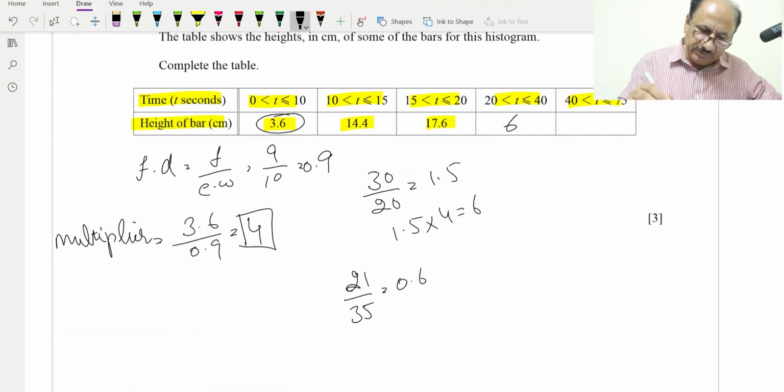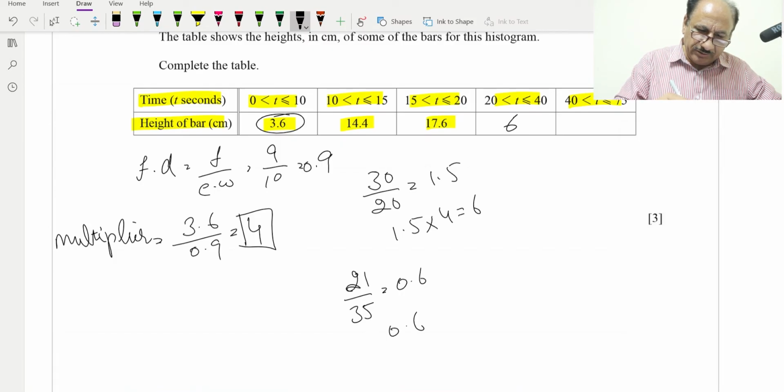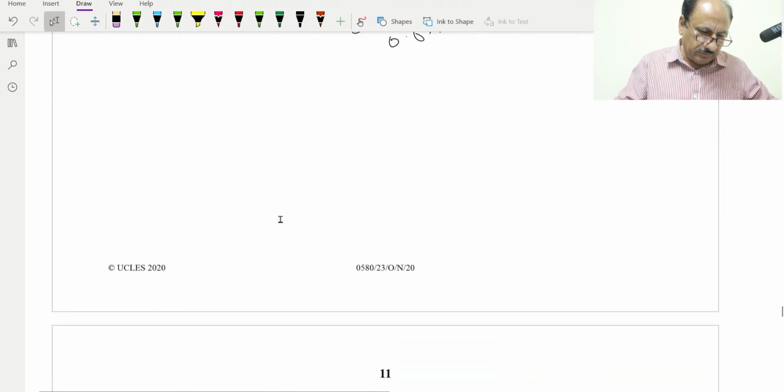So 0.6 will be multiplied by the multiplier 4, and we will get 2.4. So 0.6 multiplied by 4 will be equal to 2.4, and this value we will provide over here. And this is how we have done this question.